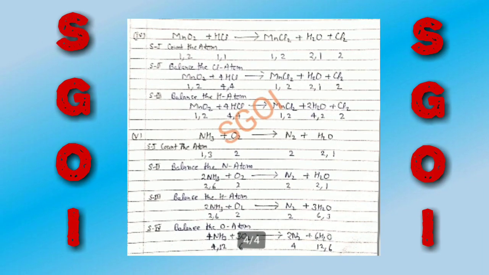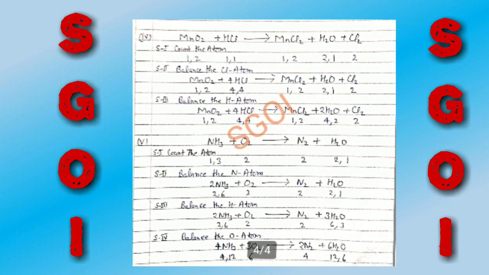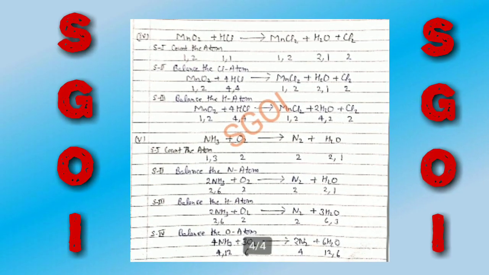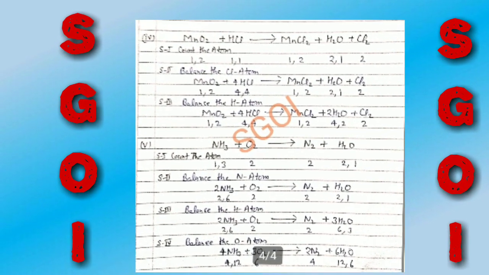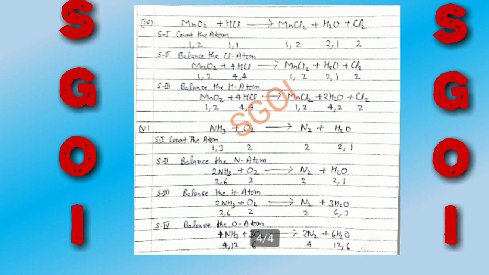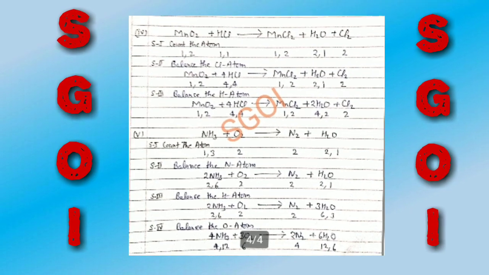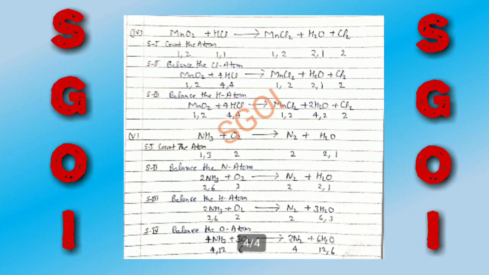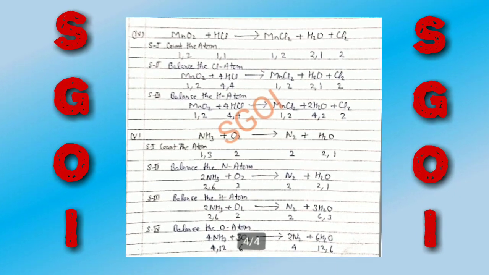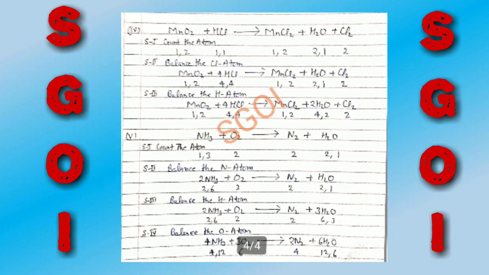Now example number 5 is NH3 + O2 gives N2 + H2O. First we count the atoms in the first step. On both sides, reactant and product, 1, 3, 2, 2, 2, 1 respectively, all the atoms.